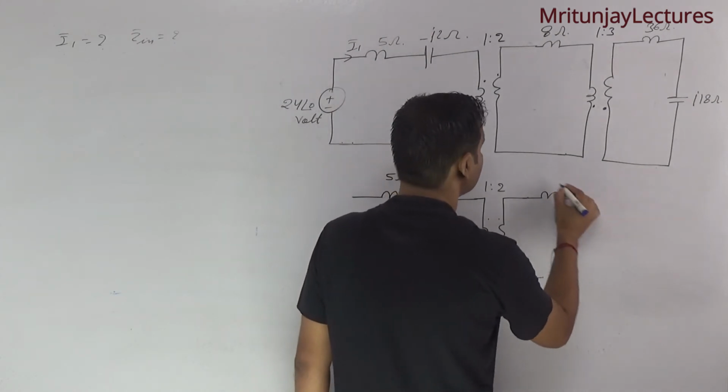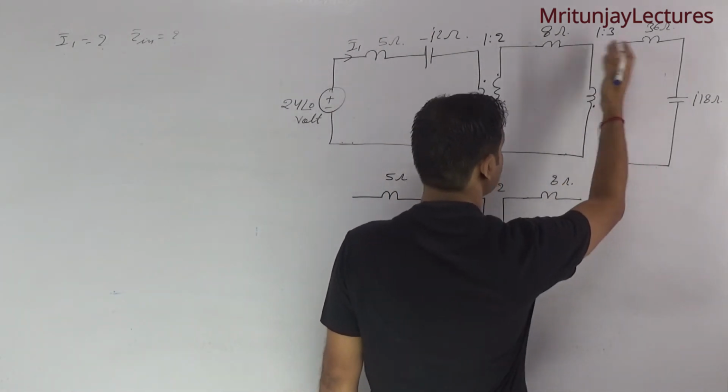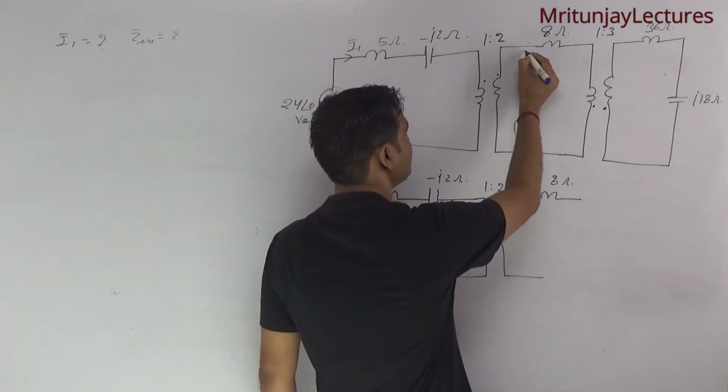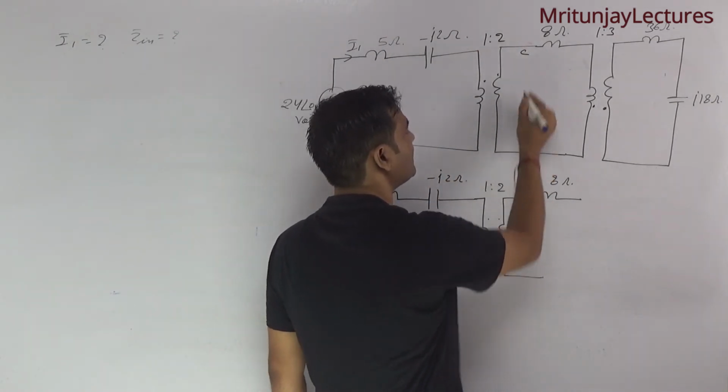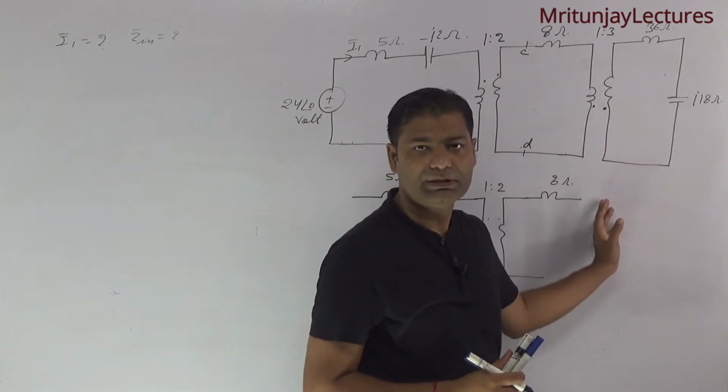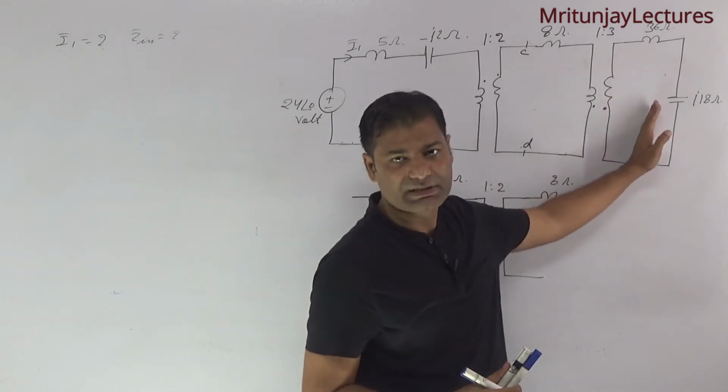First of all make that 8 ohm. If this one is converted here, suppose that is C and that is D. If you make it corresponding to CD, this is the primary side and this one is the secondary side.